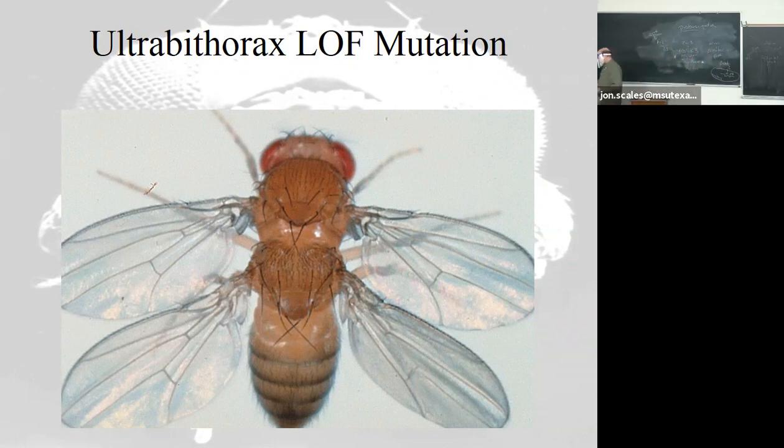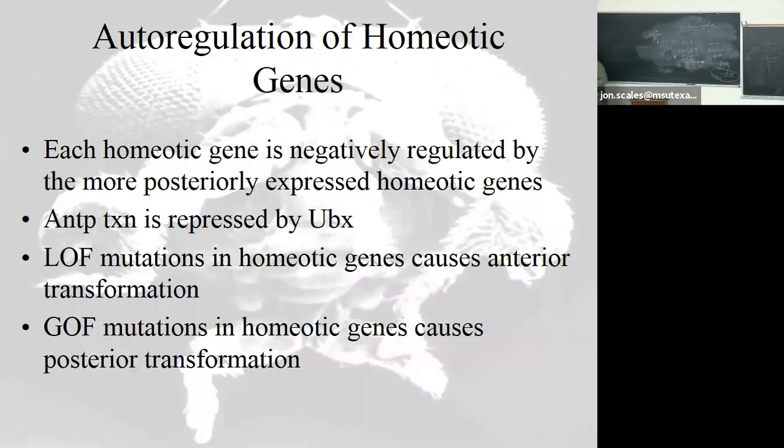I'm not supposed to. So those 2 mutations are actually 2 different categories. Antennapedia, which causes the antenna to form, is really considered a gain of function, and that results in what we call a posterior transformation. A posterior transformation is a little tricky.